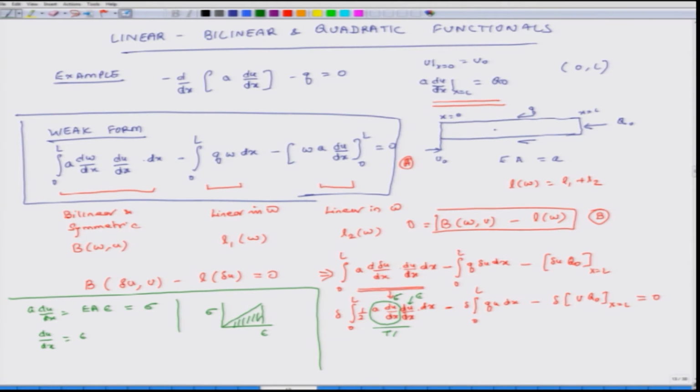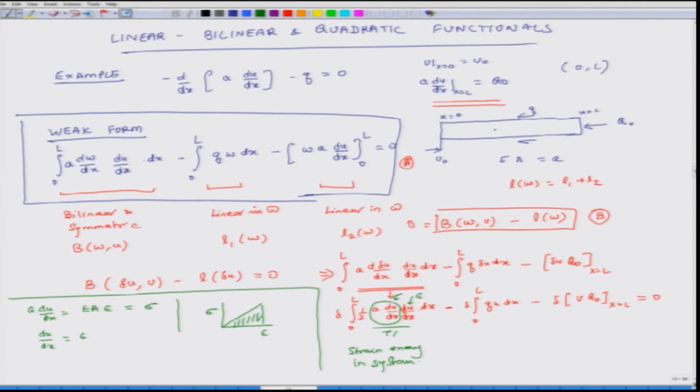So, this is strain energy actually. And that is why we have this term half also, because when I compute the area of this triangle, I have to have a half there. Okay.